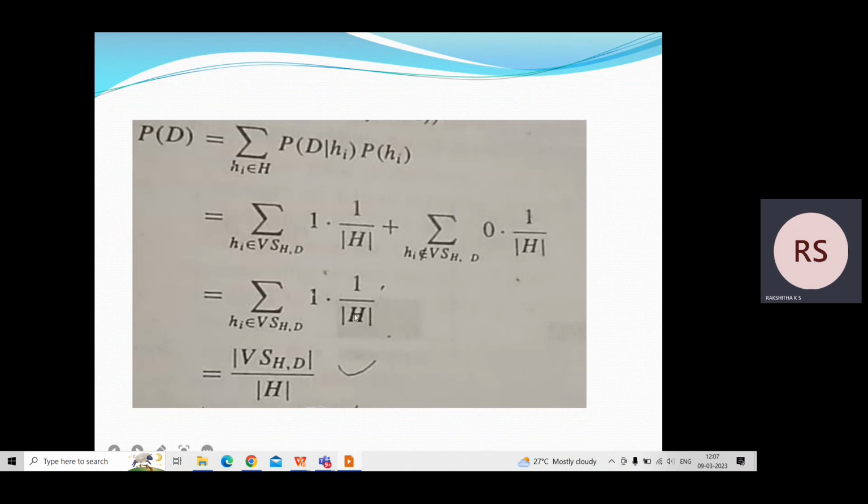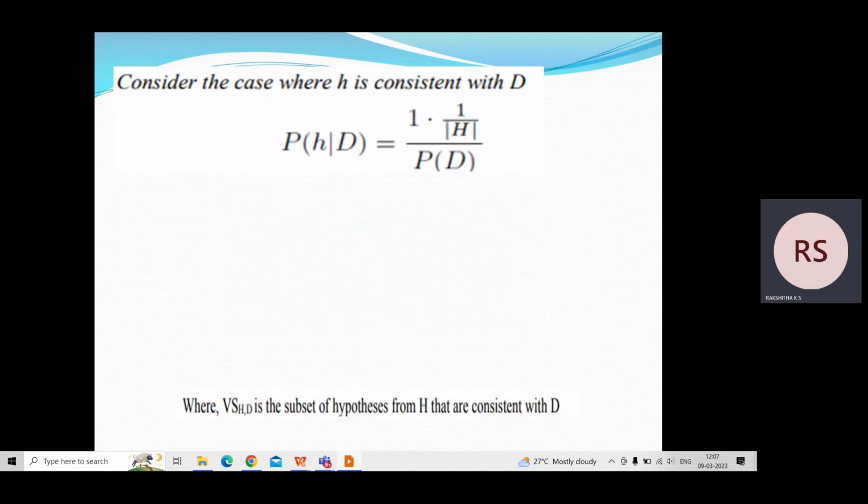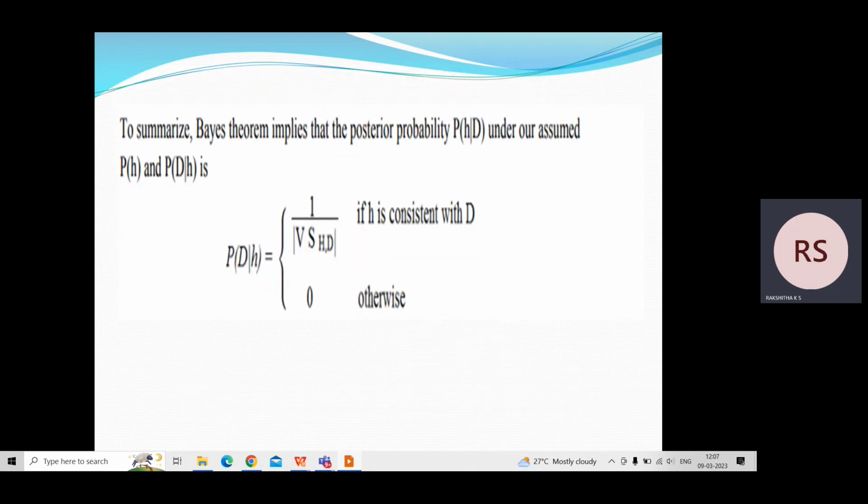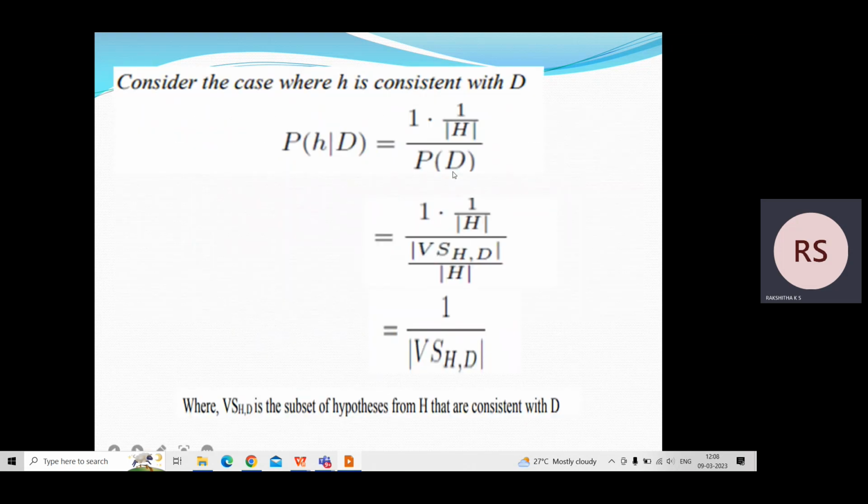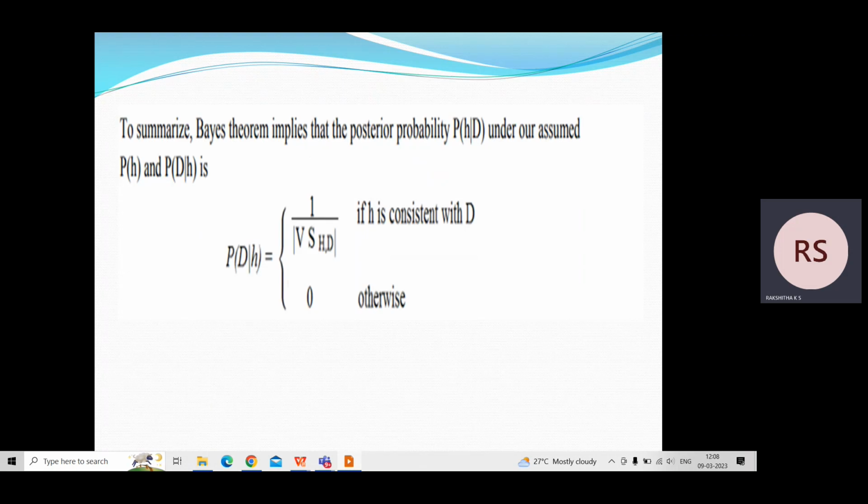So this 1 over H can be written in terms of the version space of the hypothesis. Here we have written that P of D is equal to the size of the version space with respect to H and D. So when the size of H cancels out, we get the final value, that is 1 divided by the size of the version space of H over D.